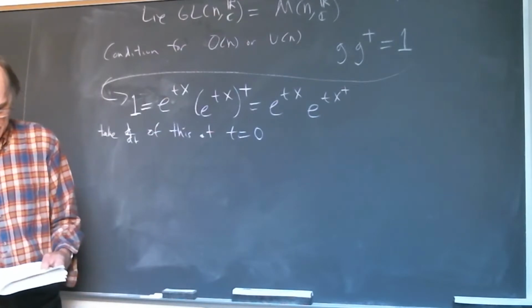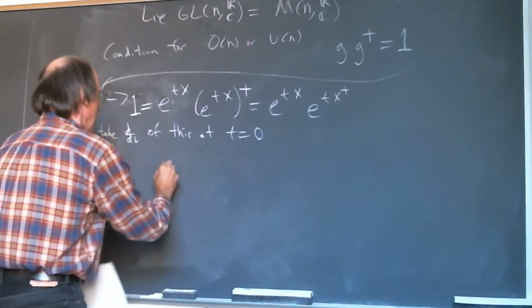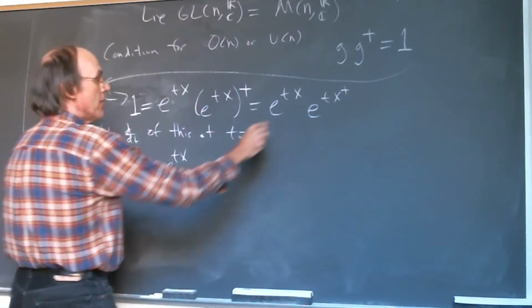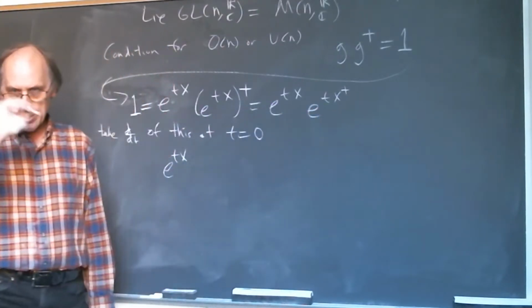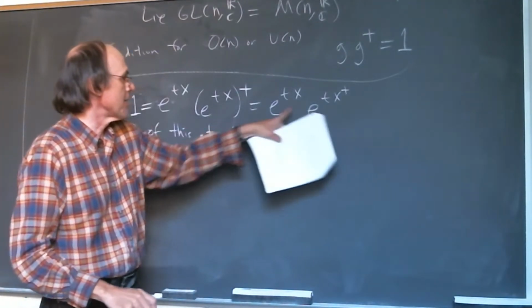What you get is e to the tX, and then it's a product rule. You're taking this times the derivative of this, plus the derivative of this times this.